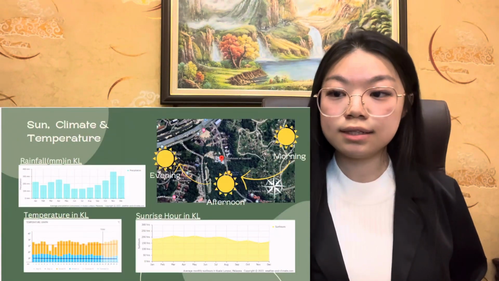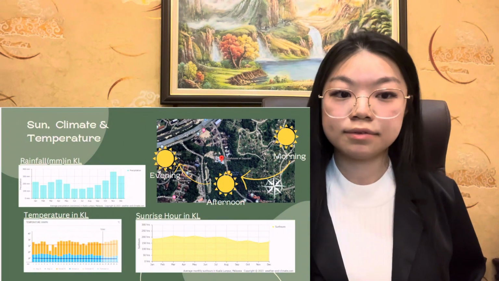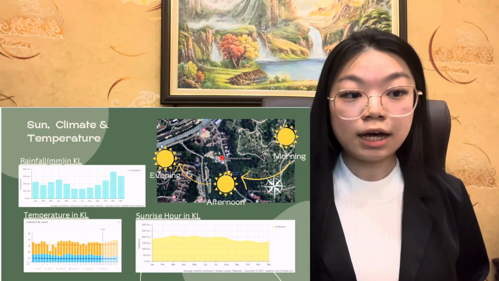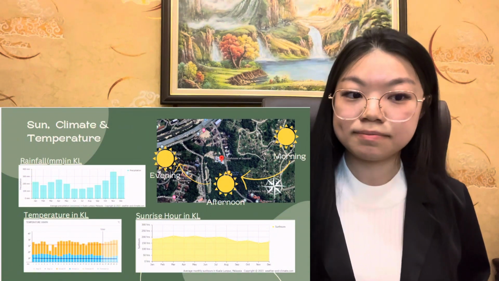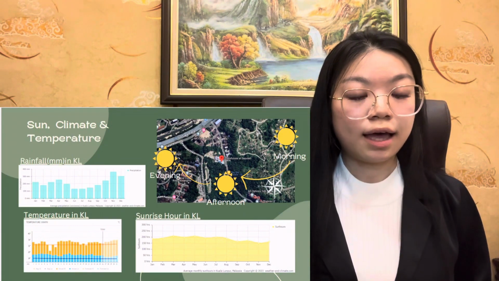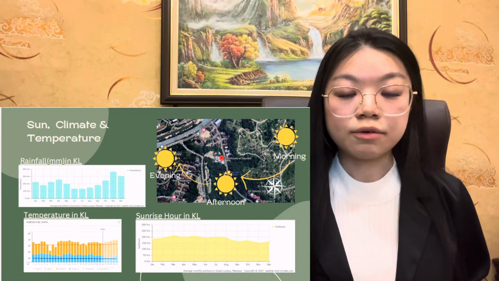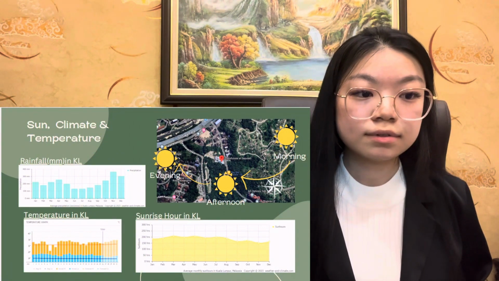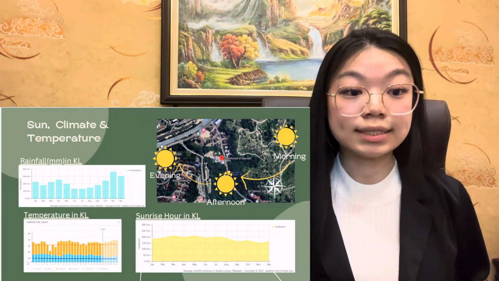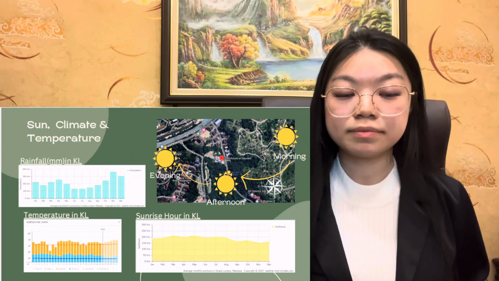This is the sun, climate and temperature for KL. Glass House is facing east, so in the morning it has efficient sunlight. The rainfall in KL averages 300 mm in December. It may be reduced in January.